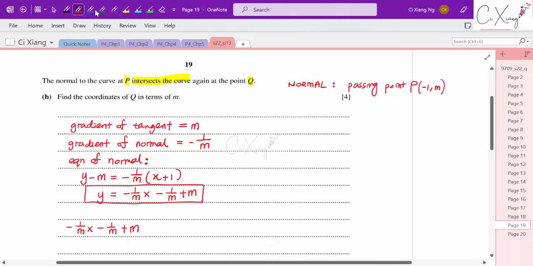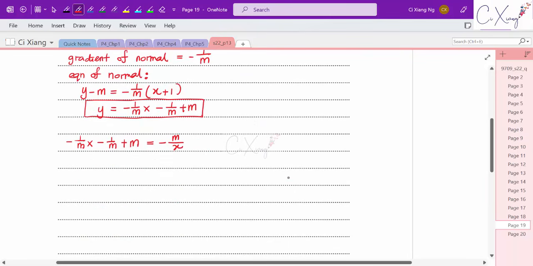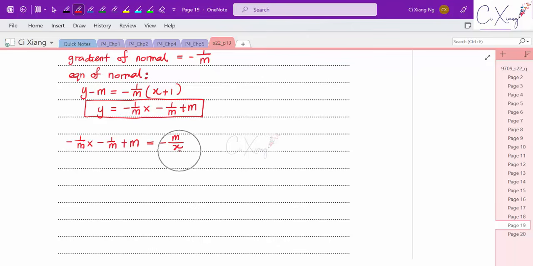So I let the equation of the normal equal the equation of the curve, -m over x. Okay, so I try to simplify slowly. First step, I want to make the x disappear as a denominator. Therefore, I multiply the whole equation by x.